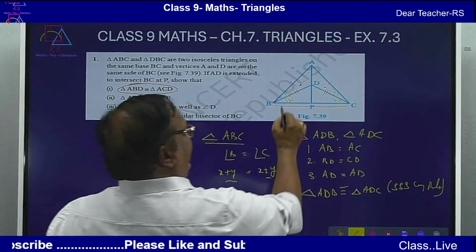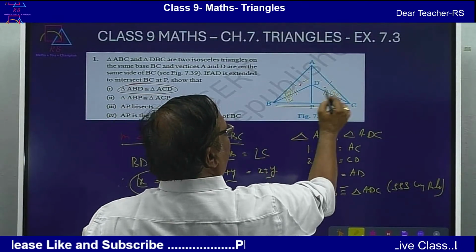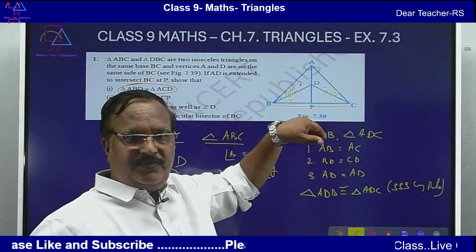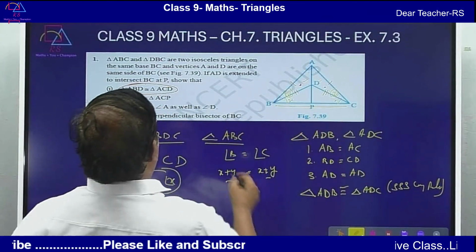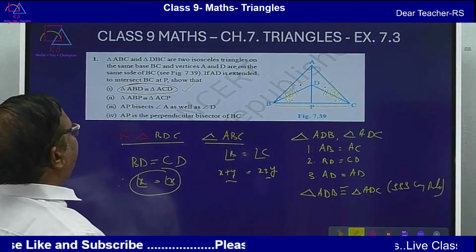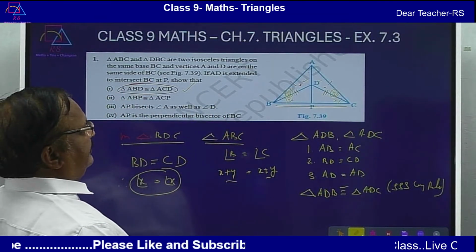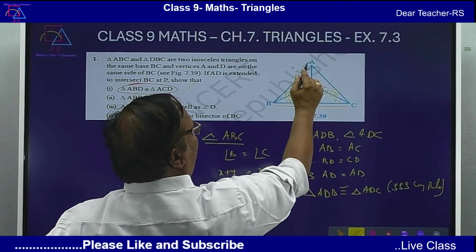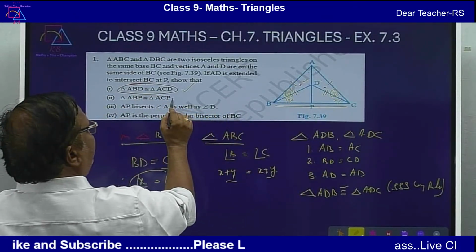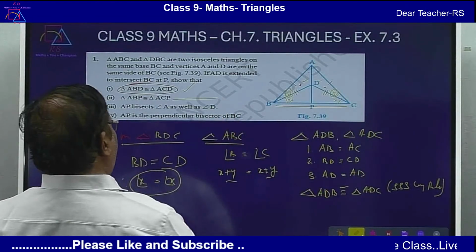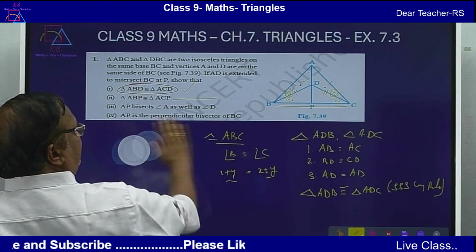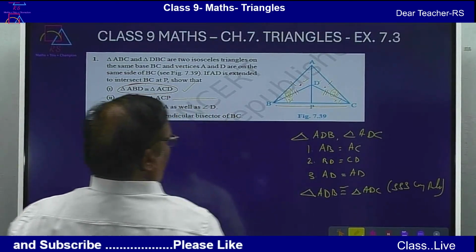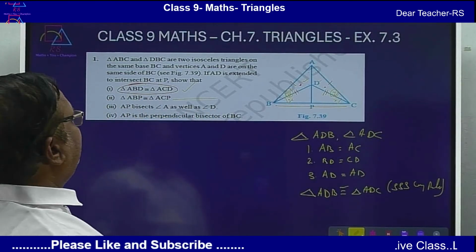You can take Y also, SAS also we can take, or you can take the side also. So this is first one is over. Then what is ABP? ABP and ACP, these two triangles are also, we have to prove them equal. Okay. So then how? Congruent.